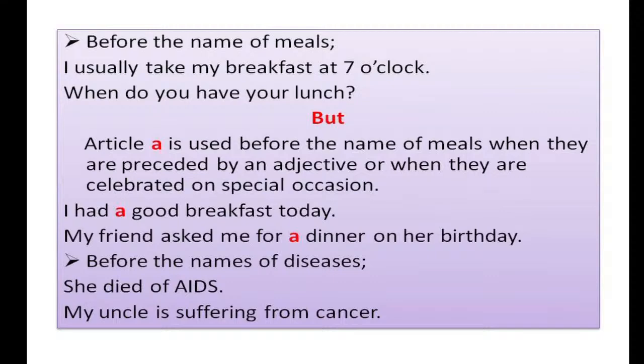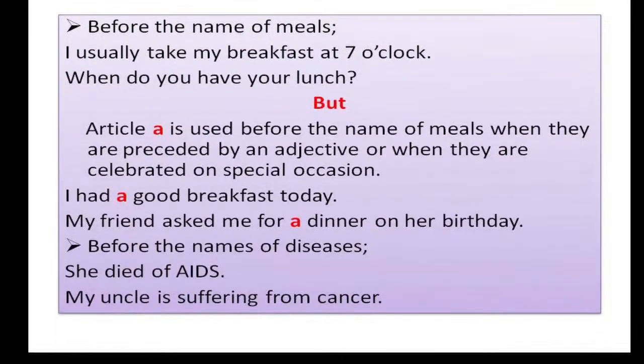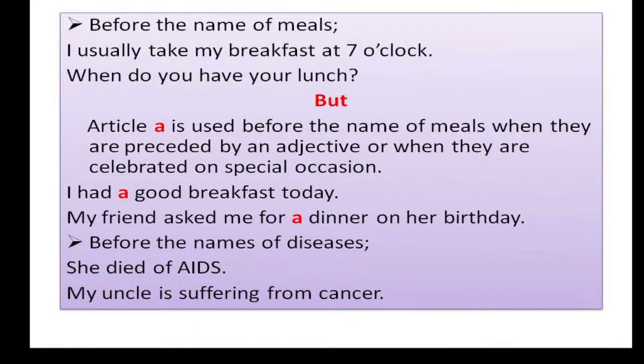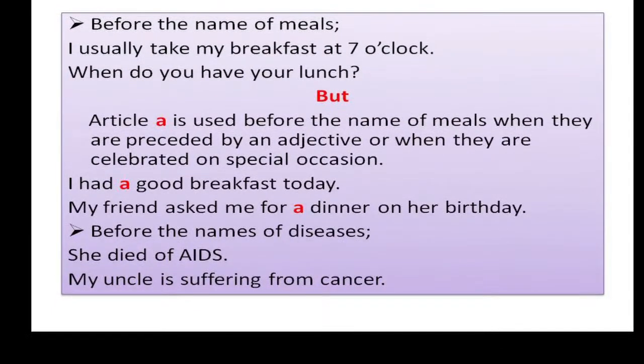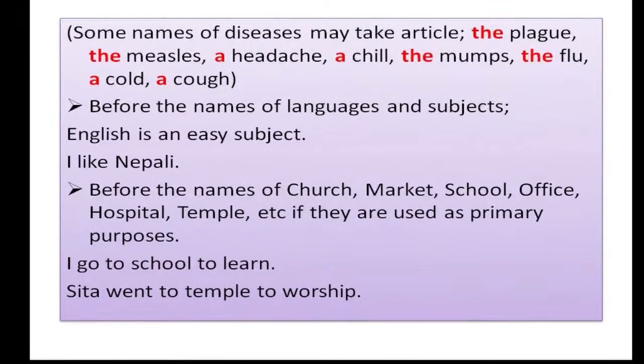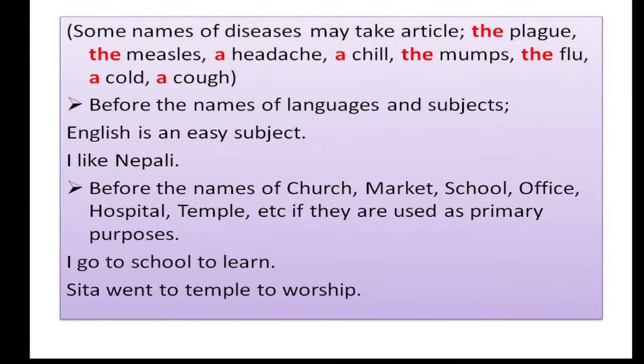But my friend asked me for a dinner on her birthday, meaning on some occasion. The dinner is focused on a special occasion, so we are going to use an article here. Before the names of diseases, she died of AIDS, in such diseases also we are not going to use an article. Next slide. But some diseases take an article, like I have listed there.